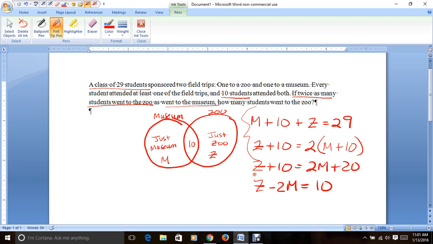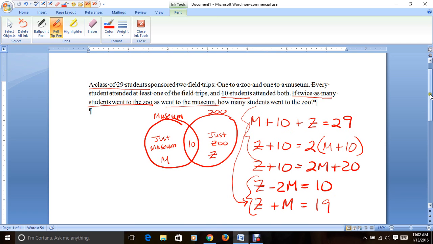Okay, so that's the second equation. And then the first equation from the top, I'll just bring down here, and I'll get the z and the m arranged where I want them to be. I'll put the z here and the m here, and then I'll subtract a 10, and I'll have 19 on the right side. Okay, so these are my 2 equations and 2 unknowns.